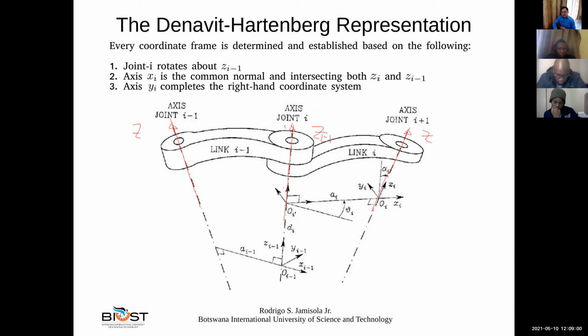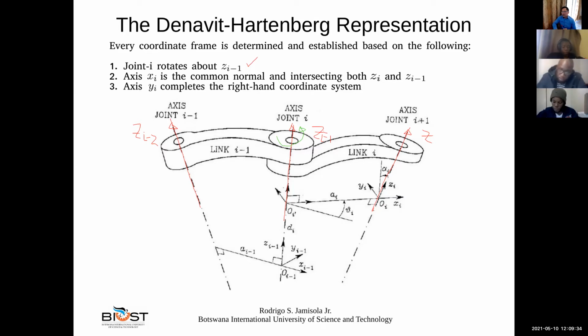Let me make it a different color. So z i minus 1, and then the rotation. This one rotates about there, so this axis is z i minus 1. If this is joint i minus 1, then that axis rotates about z i minus 2, because following this convention, a joint with index i rotates about the axis with index i minus 1.